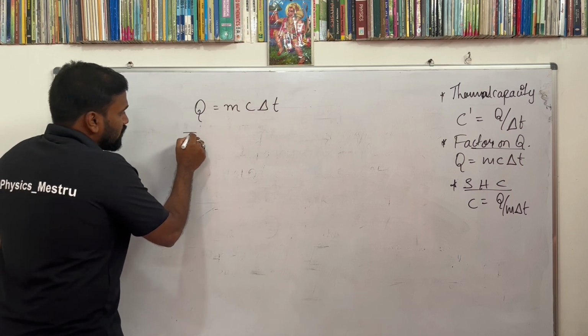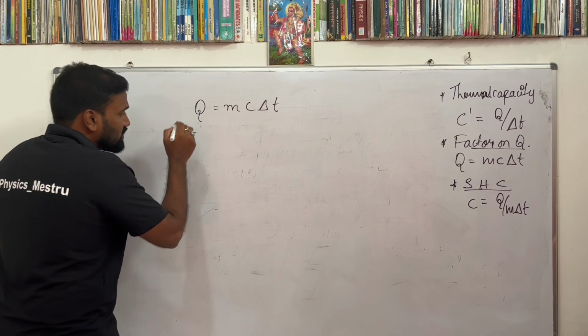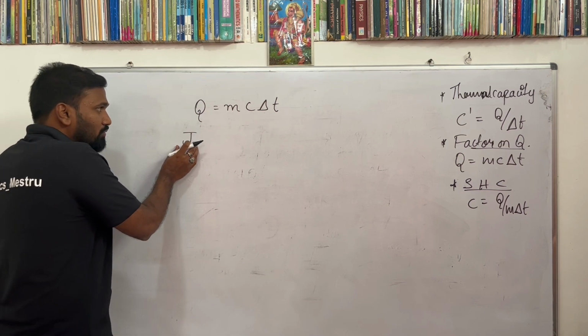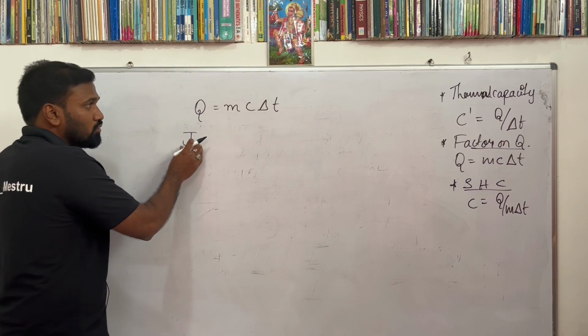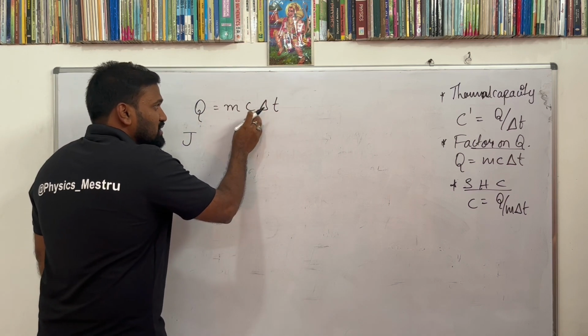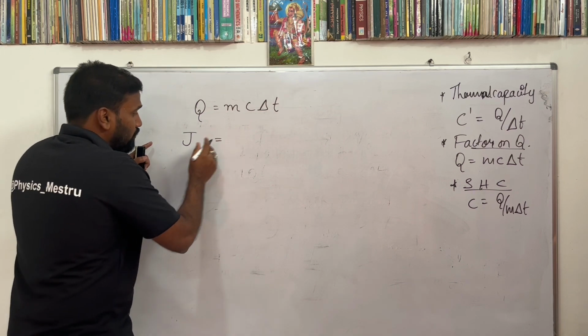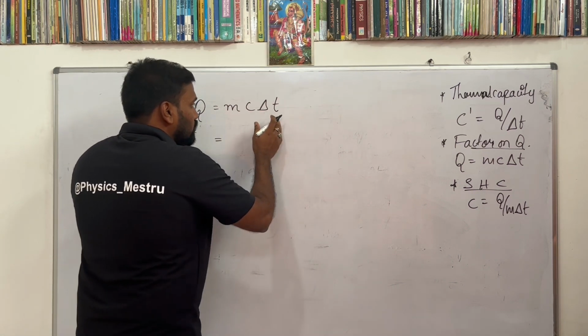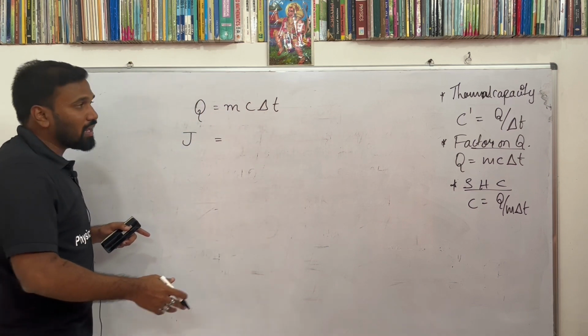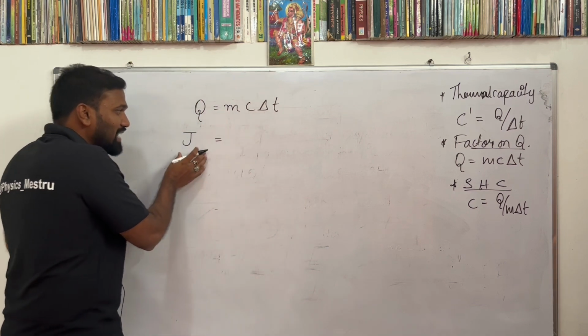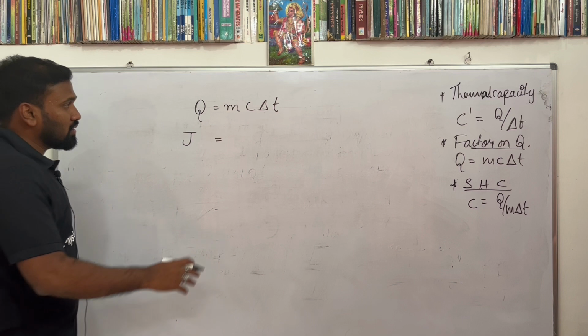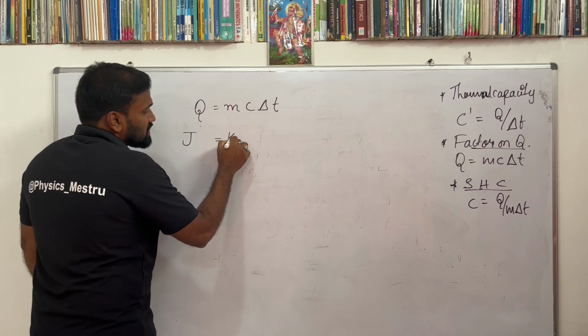What is the SI unit of heat energy? Joules. If we take heat energy in terms of joules, here also we have to consider the specific heat capacity in terms of joules only. In the SI unit form, if we calculate any value, the RHS must also give the same unit. Let us cross check. What is the SI unit of mass? Kg.